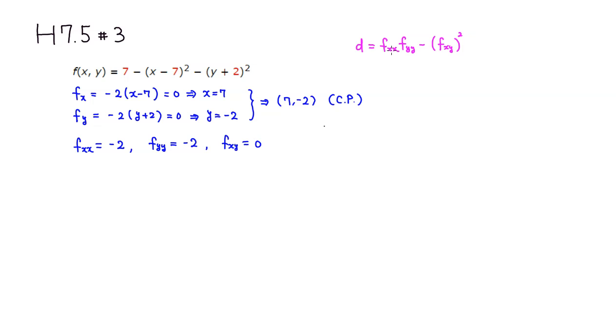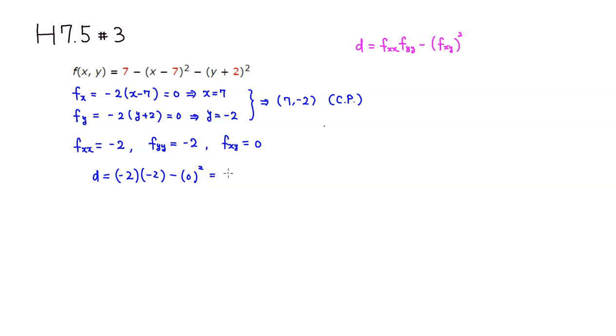Here, it actually doesn't depend on the point, so we can find the D value. This is the same for all points. So you have negative 2 times another negative 2 minus 0 squared.